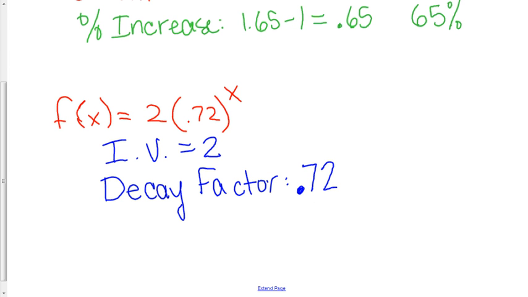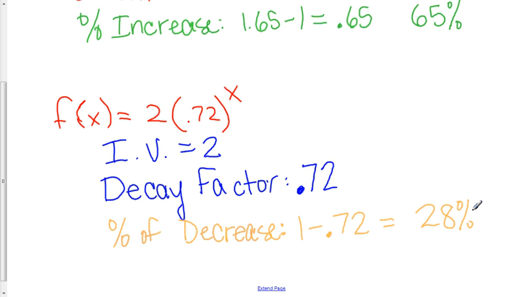And so now to figure out our percent of decrease, we would take 1 minus 0.72, which is going to equal 28% decrease. Still, the initial value is 2, decay factor 0.72, and percent of decrease is 28, because that's how far 0.72 is from 1.